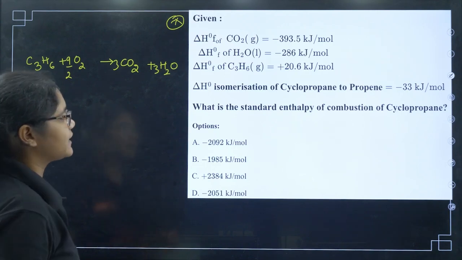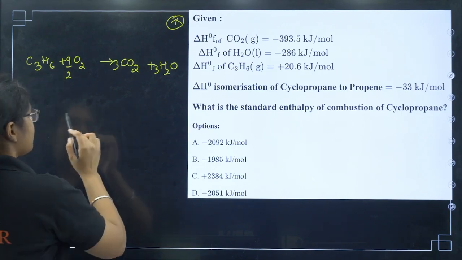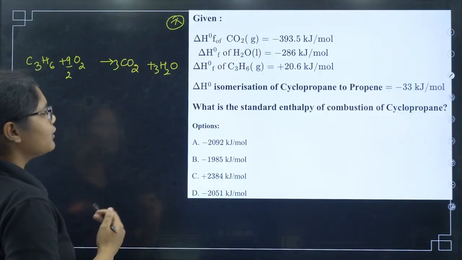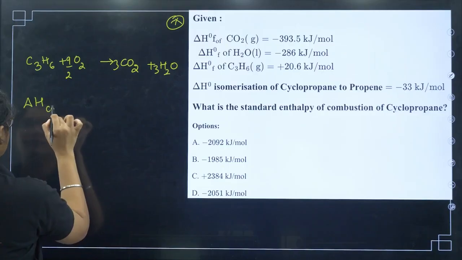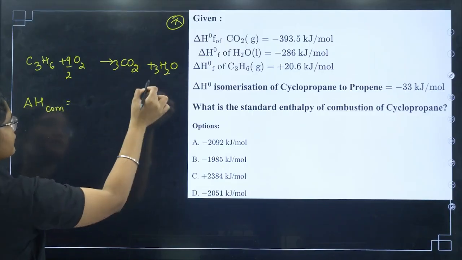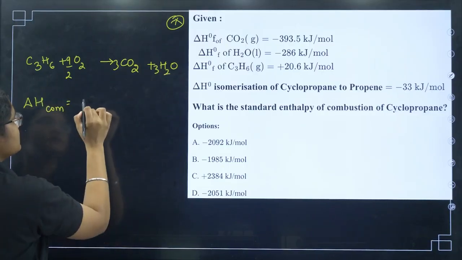Now, the standard enthalpy of combustion. If I want to calculate it, delta H of combustion is equal to enthalpy of products minus enthalpy of reactants.